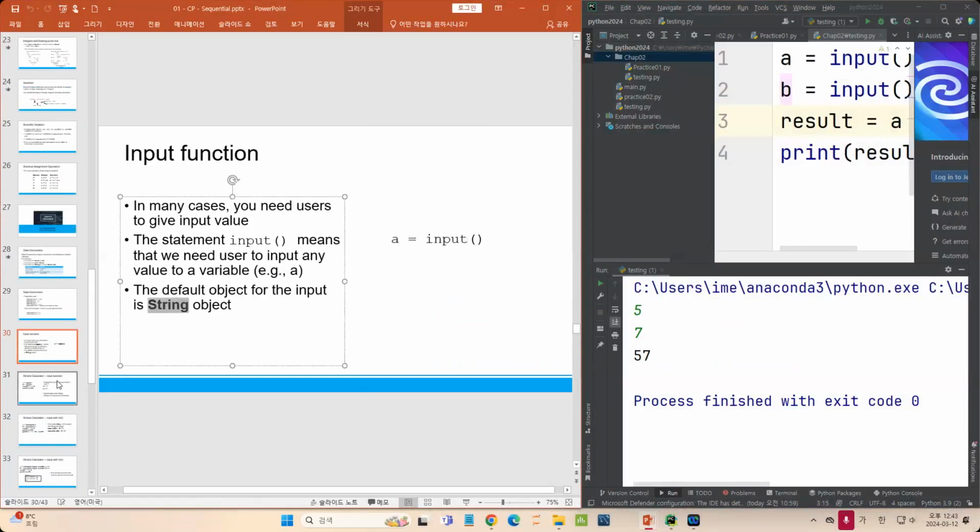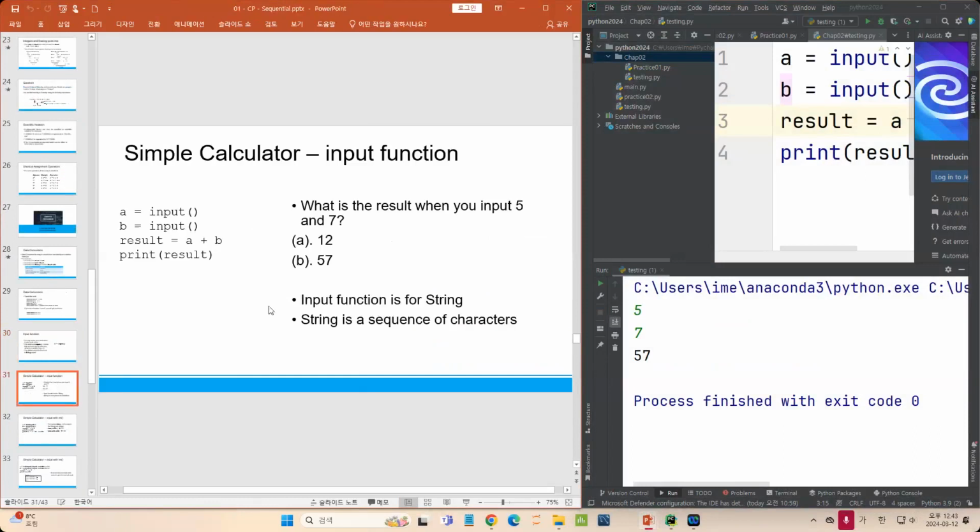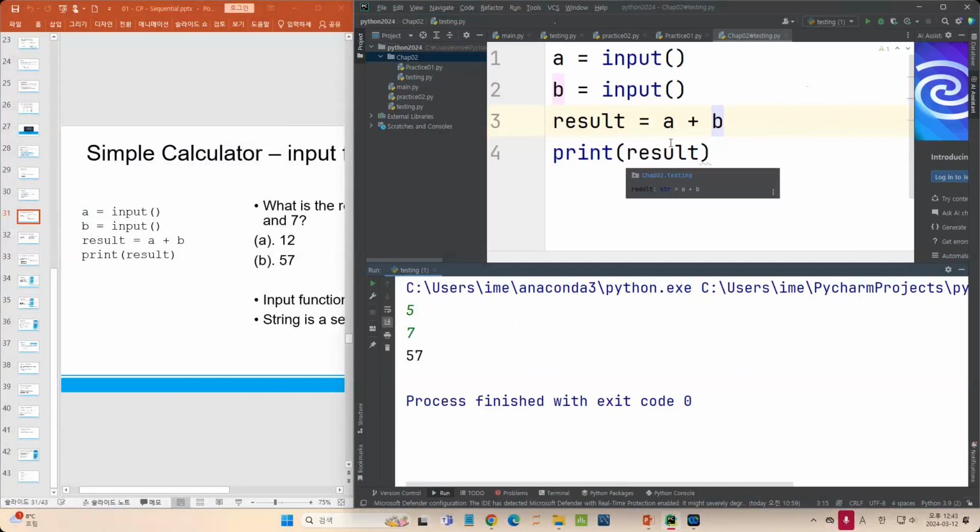Okay. What is string? A string is a character. So a character is non-numeric. It is not numbers. A character plus another character will be a character.